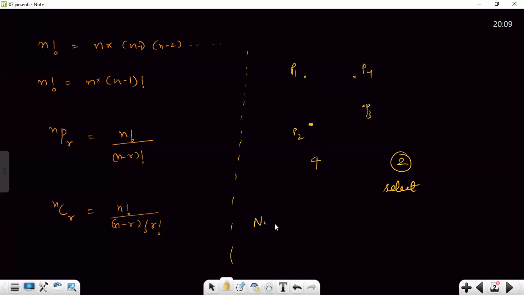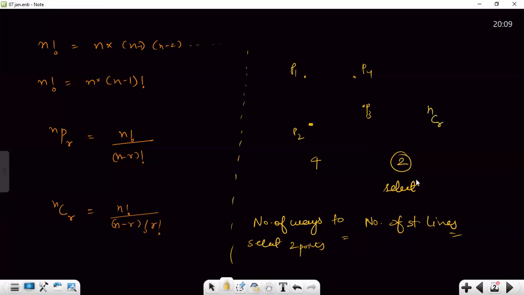So the number of ways to select 2 points is equal to the number of straight lines possible. Is everyone clear with this particular statement? Yes? Yes, sir.